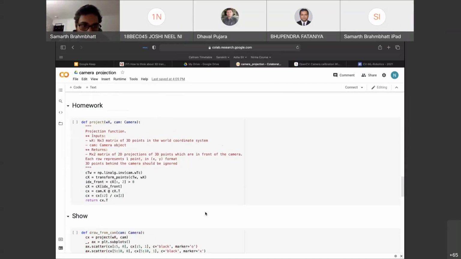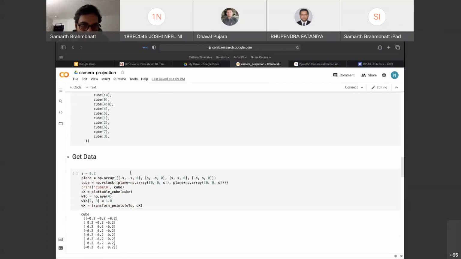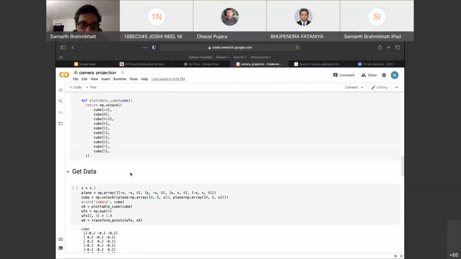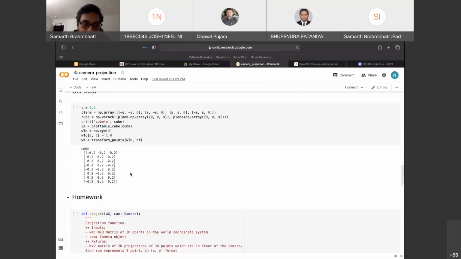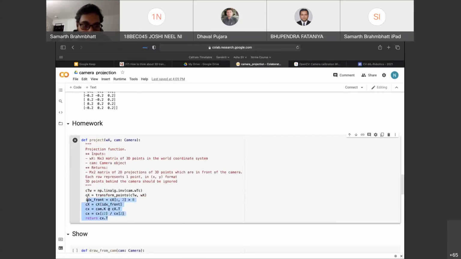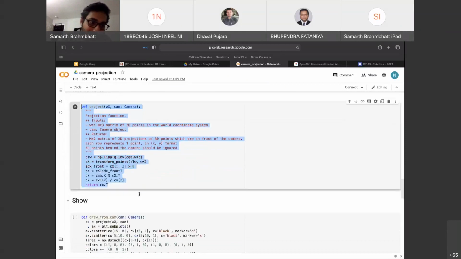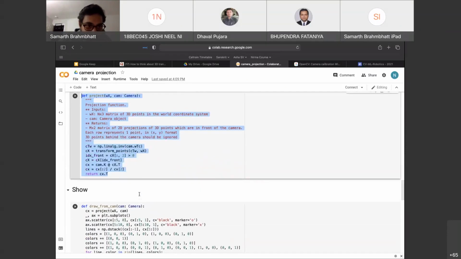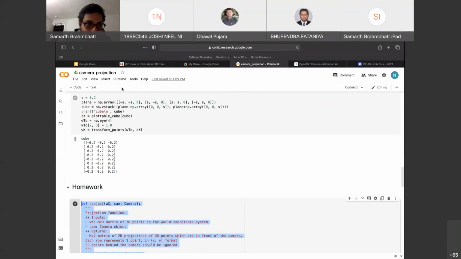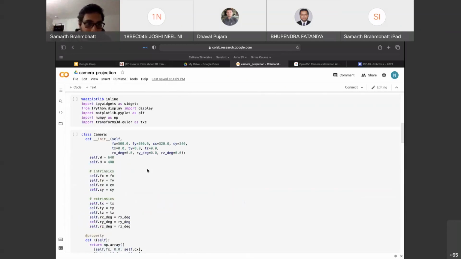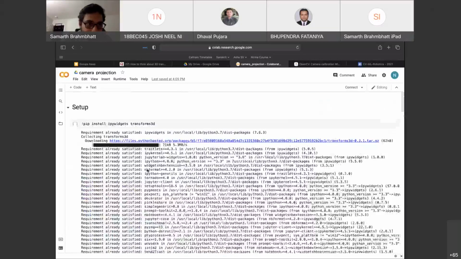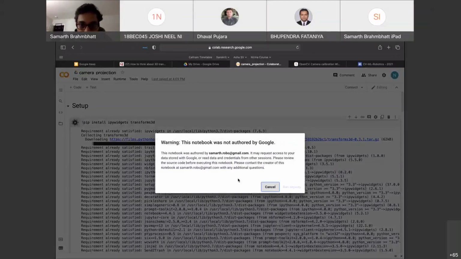All you need to do is write a few lines of code. I'm showing you what you need to write, but you just need to write a few lines which implement this projection system that we talked about.